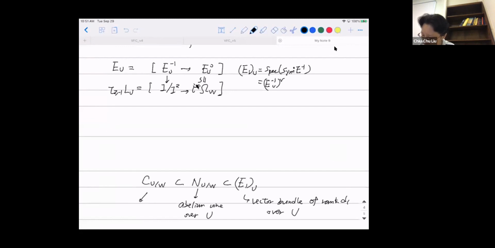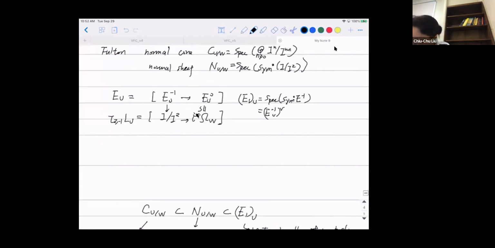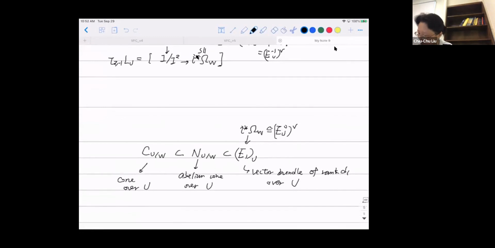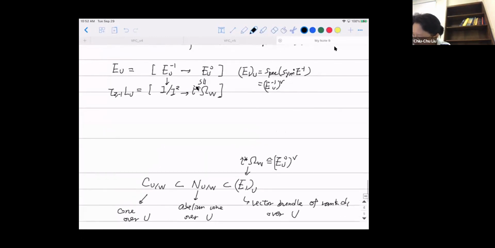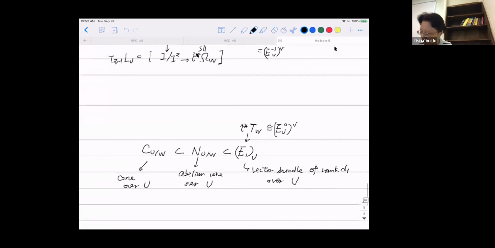And then this intrinsic normal cone is just a cone over U. Moreover, dually we have some map, and there's an action: the restriction of the tangent bundle of this non-singular W acts on these cones.